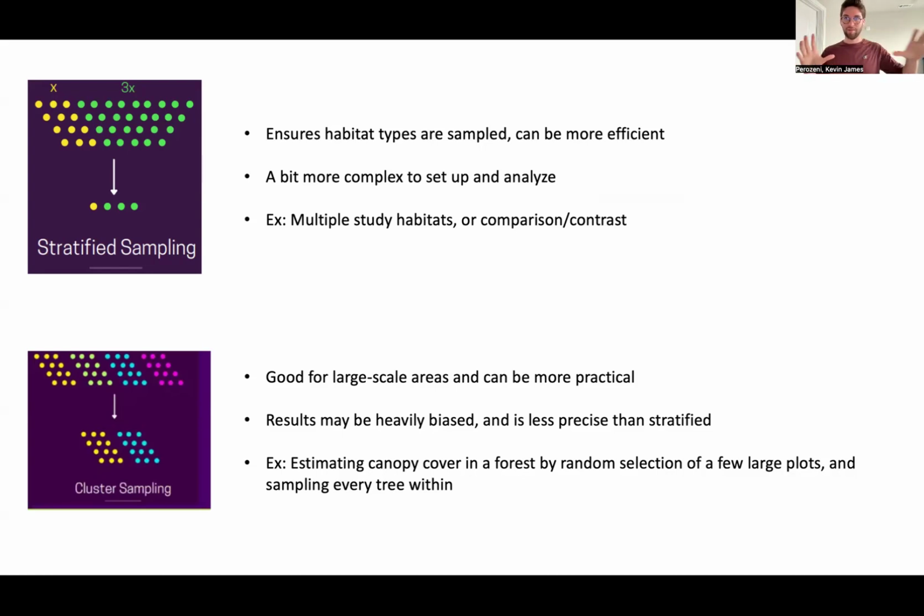Looking at this left one, you have four things that they looked at. You're clustering those samples together, and then you're choosing two of those units that have samples within them. So you're choosing one big spot that you then sample a bunch, instead of picking a bunch of different samples here and there.